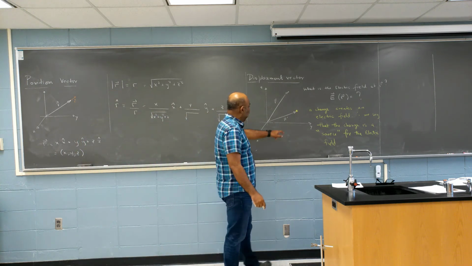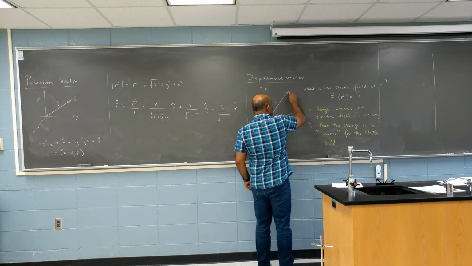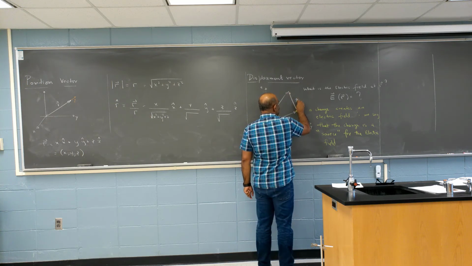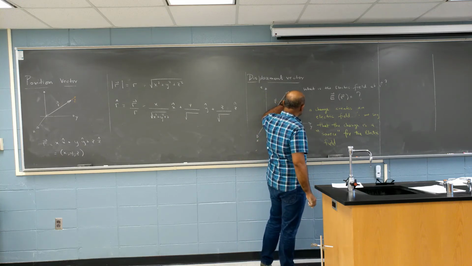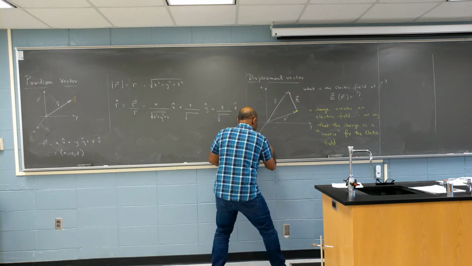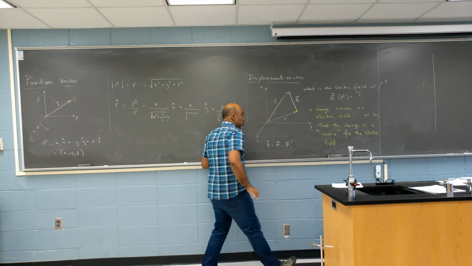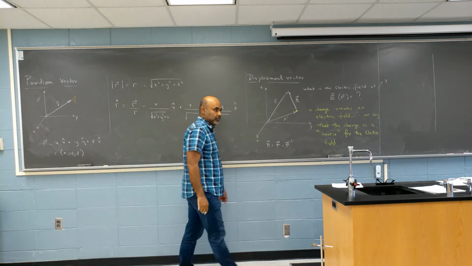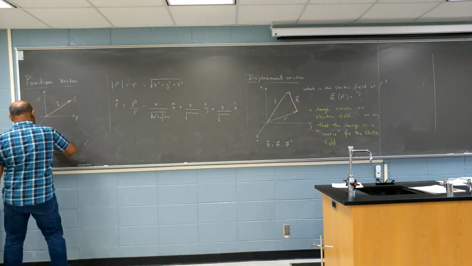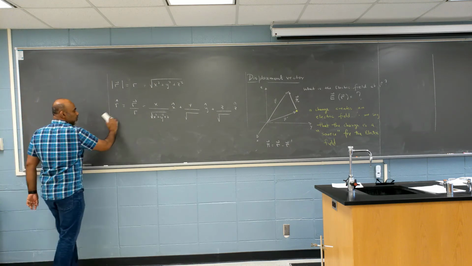The vector from the source point to the field point is called the displacement vector. There's this symbol. He uses a script R, so I'm going to put a vector on top of that. By definition, the script R is R minus R prime.